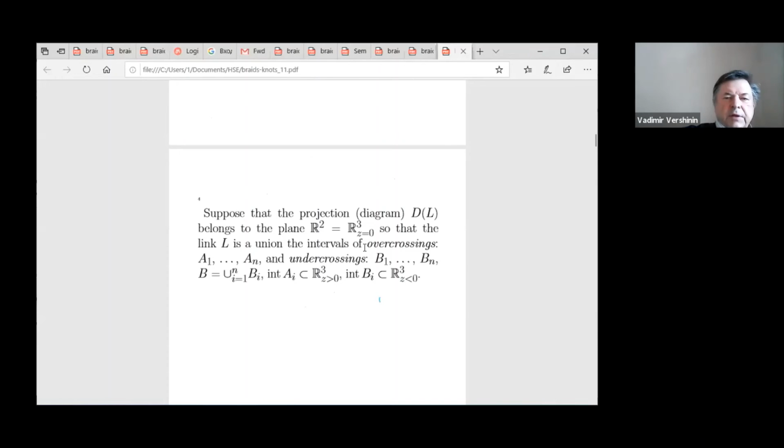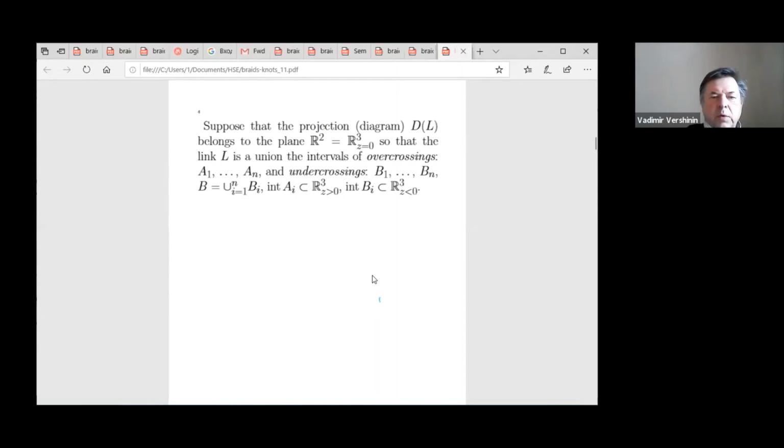Okay, this is overcrossing arcs A1, ..., AN, undercrossing B1, ..., BN, with the space B, and these are in the upper half-space and these are in the lower.